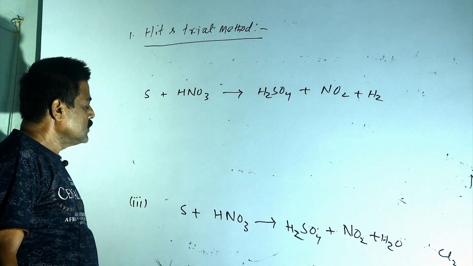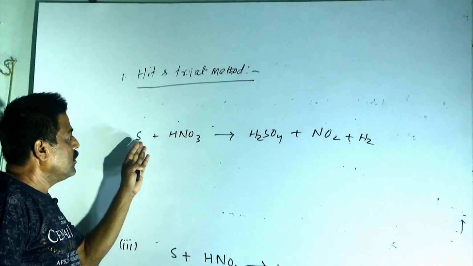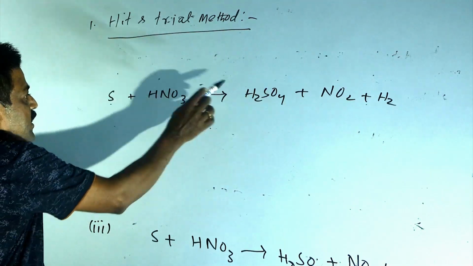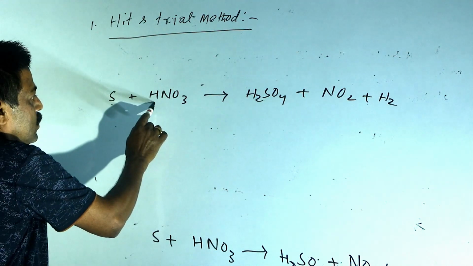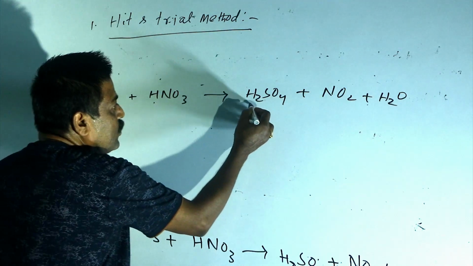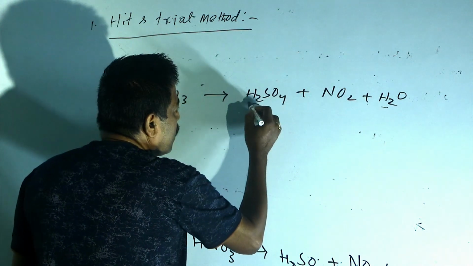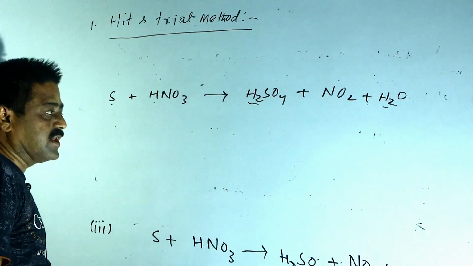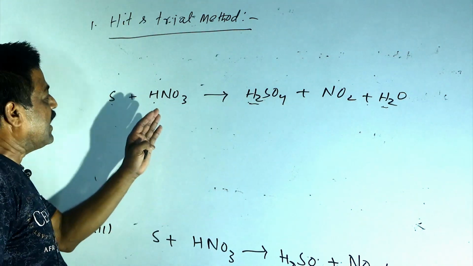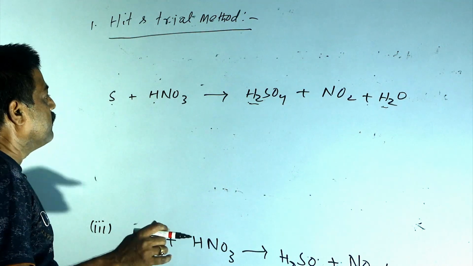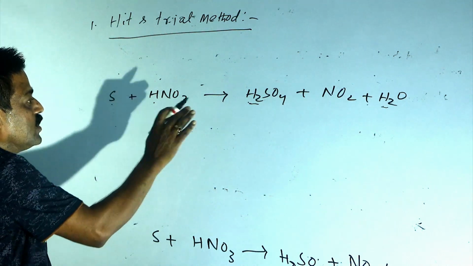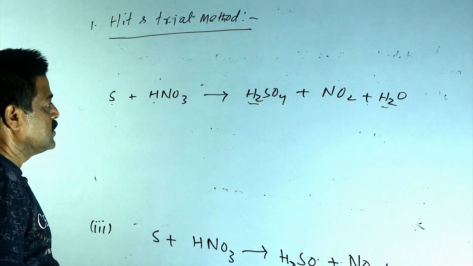Now, sulfur: in HNO3 there is no sulfur, but here sulfur is 1 and there is 1. H is 1 here, but in the other two formulae hydrogen atoms are there. In the case of nitrogen, 1 and 1. So to balance the hydrogen atoms, we have to give a suitable integer to have the same number of atoms on both sides.